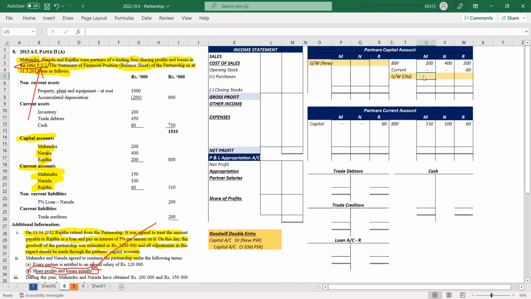So 1200 is the goodwill. Old ratio is 5/10, so 1200 into 5/10 is 600.